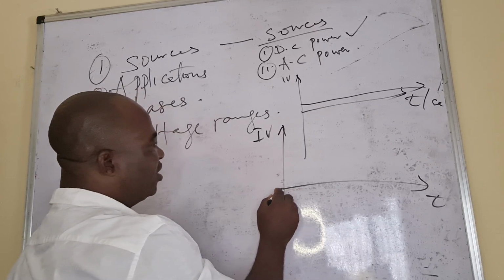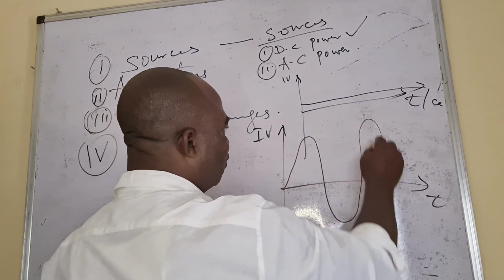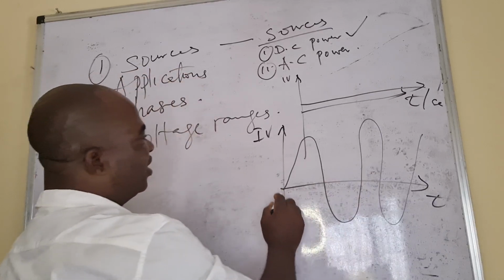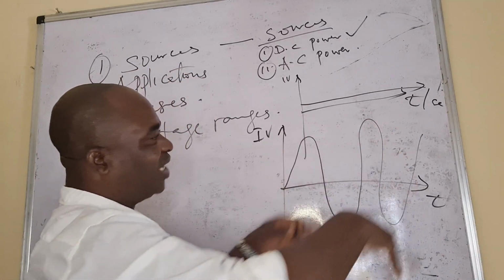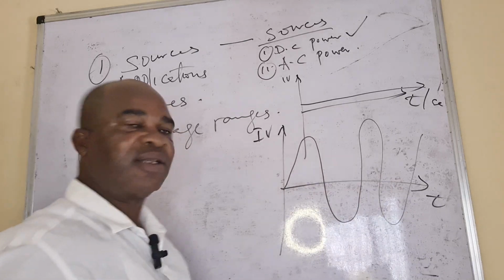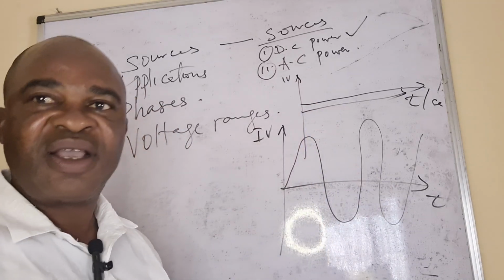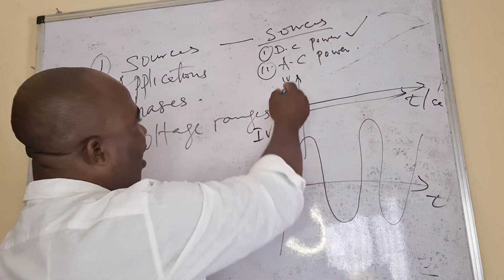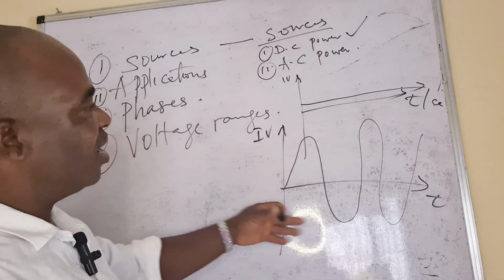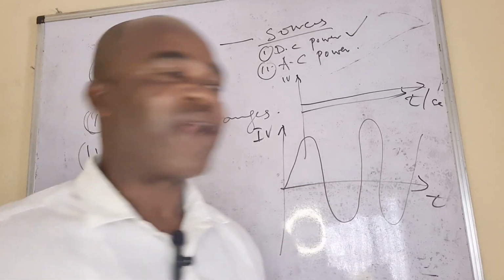You can see it flows this way, come this way, come this way. So this is a sinusoidal flow. We can say it's oscillating. So this is what defines an AC power network. As you see it here, what it means is that they don't maintain one particular direction.